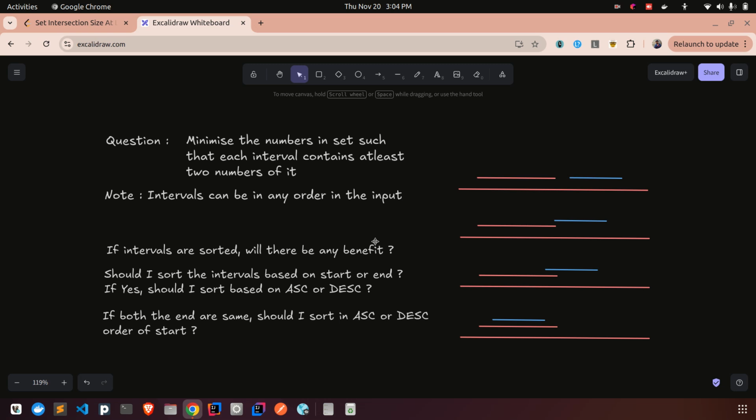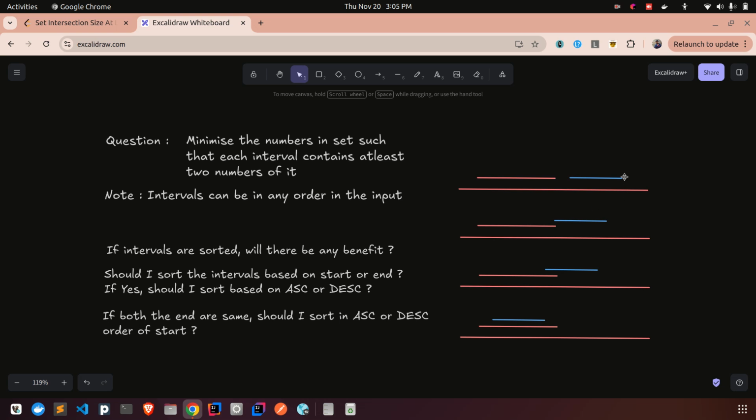So having intervals sorted will actually give us some benefit. But should we sort the intervals based on the start, or based on the end of the interval? We have got the answer that we have to sort, but how should we sort it?